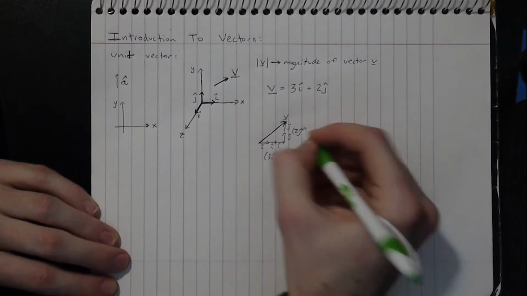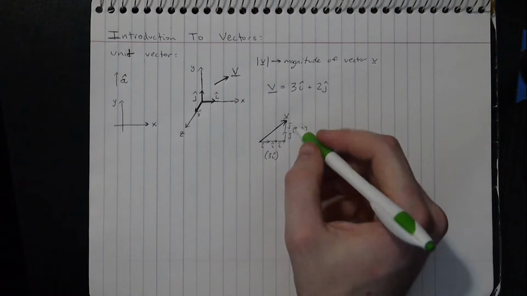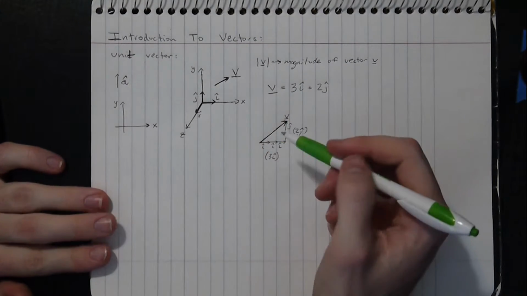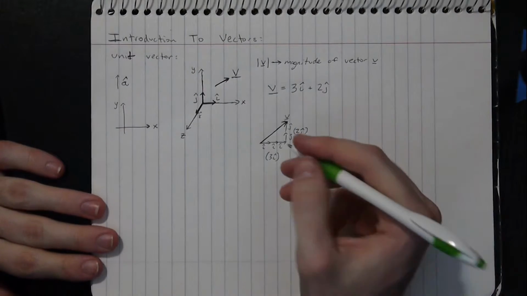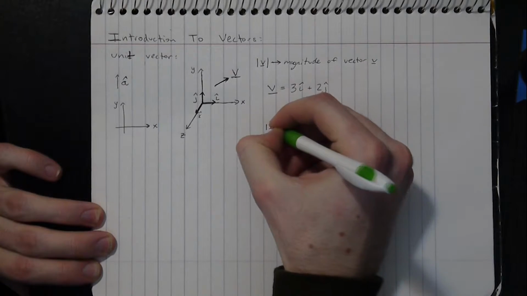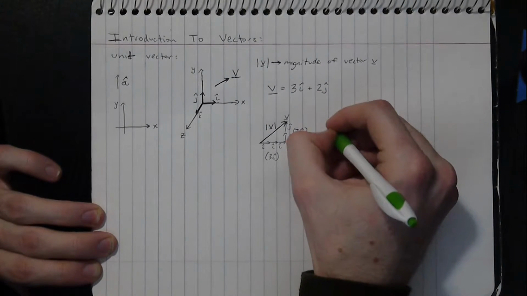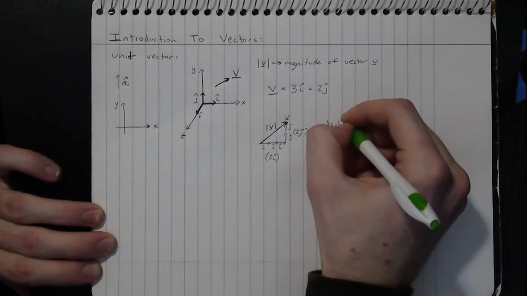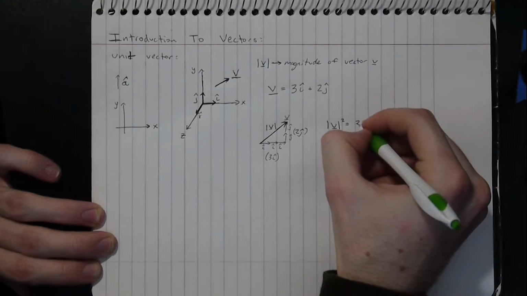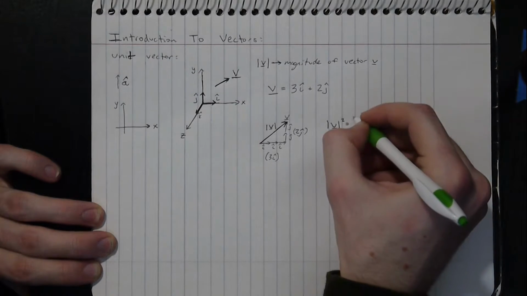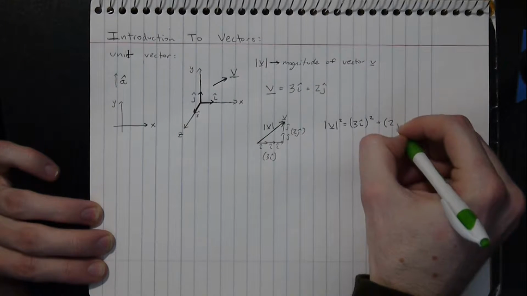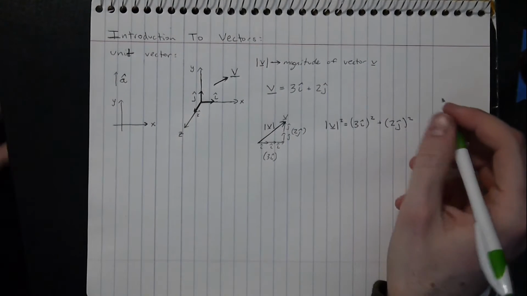Now what that tells us, here's 3i, 2j. What's hopefully fairly obvious is that this length here can be found using the Pythagorean theorem. So if we wanted to find the length of vector v, we could just say that the length of vector v squared is equal to this side, so that's 3i all squared, plus this side, which is 2j squared.